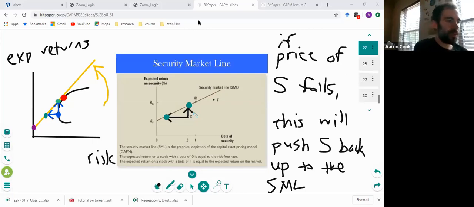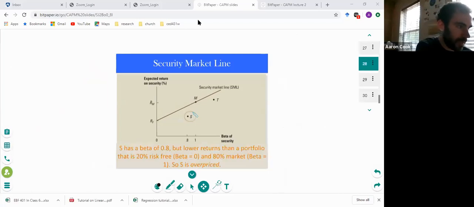Okay, so yeah, I just wanted to wrap up with that material. So you can see just on this next slide, asset S has a beta of 0.8. But given that a market portfolio has a certain amount of expected returns, the returns that asset S generates, given that 0.8 beta, are lower than the market as a whole.